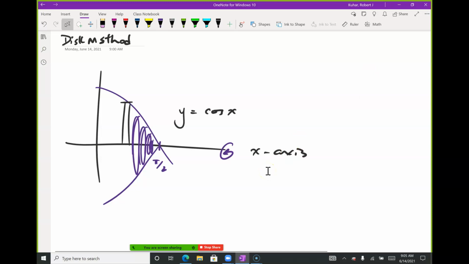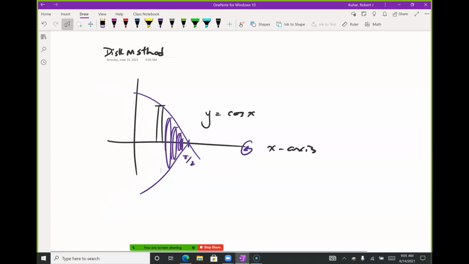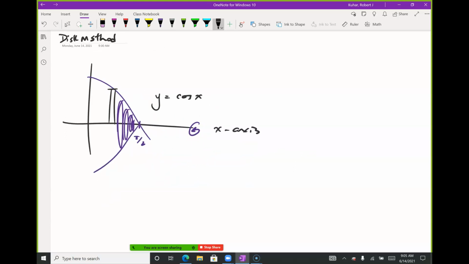All right, let's finish this integral. We've got a pretty good idea of what this thing looks like. So we're doing the integral from 0 to pi over 2. That volume is pi times the integral of the cosine function squared dx.